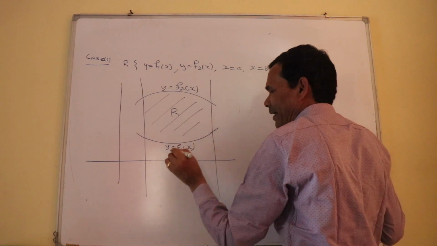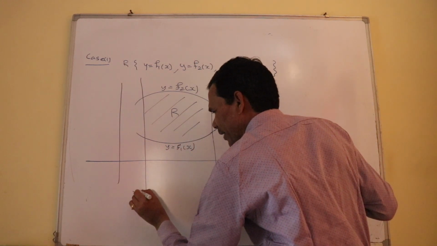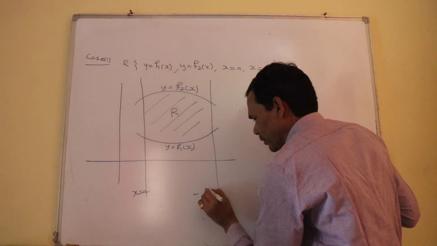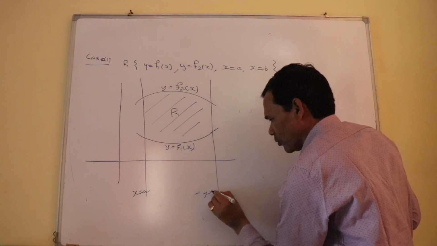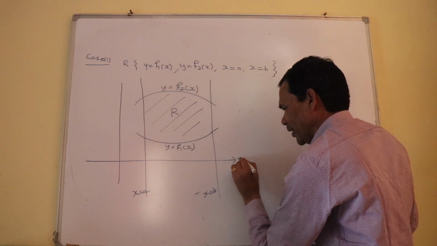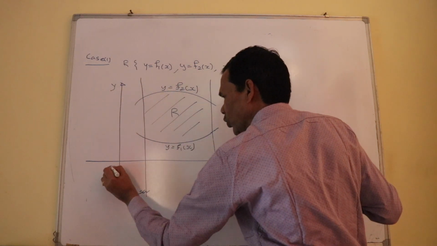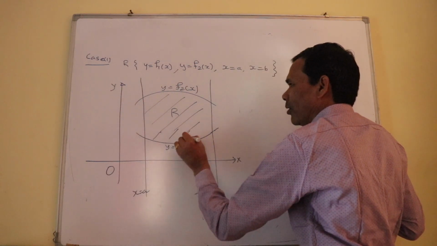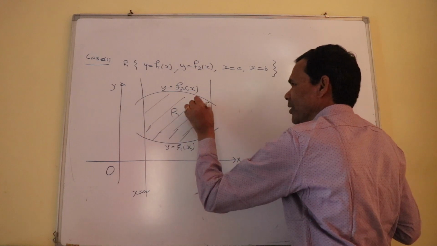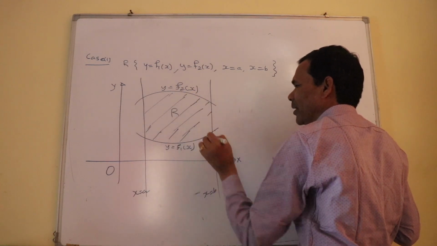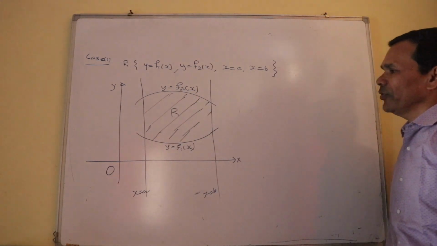This region is bounded by the line x is equal to a and the line x is equal to b; this is the x-axis, this is the y-axis, and this is the origin. We have to evaluate the double integral over this region, maybe for some physical quantity.